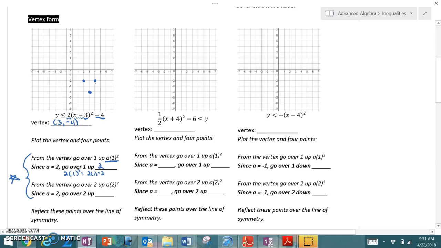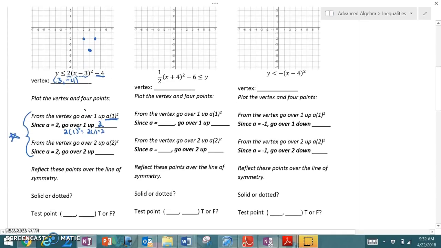Now, it's a good time to talk about how this is different than absolute value. Remember, with absolute value, this 2 actually was like the slope, so we just kept going up 2 over 1, up 2 over 1. The problem is because it's a parabola, it's not going to change like that. You have to actually account for the fact that it's squared. So that's why to find the next points, we are going to go over 2 from the vertex and then up a times 2 squared.